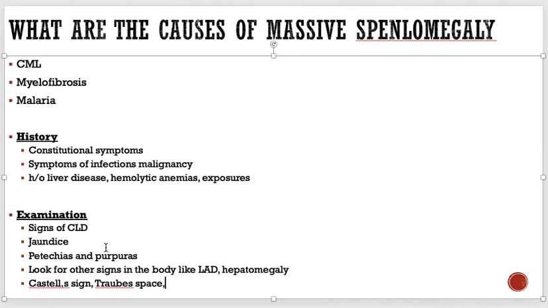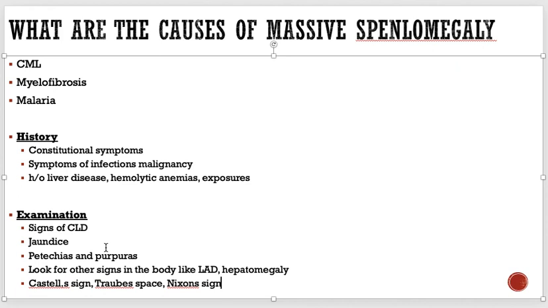One more to see is Nixon's sign as well, but guys, that is not so important. It is a little similar to Castell's sign, and many of the books don't mention Nixon's sign. In this one, the patient is put on his side, and we start the percussion along the left costal margin, going from down upwards towards the head of the patient.